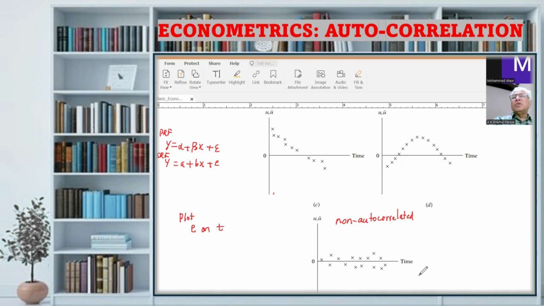T means a time series data, and i means an individual cross-section, depending on the data set. For cross-section data you plot e_i on i, and for time series data you plot e_t on t, and then you can see the autocorrelation. But remember, this is how you observe autocorrelation, not the causes of autocorrelation. The causes we have just discussed.